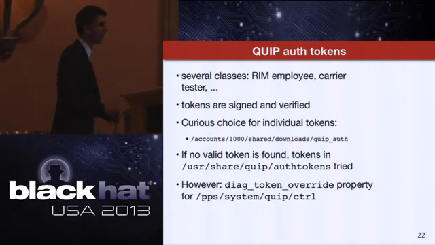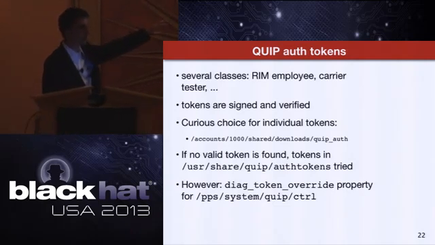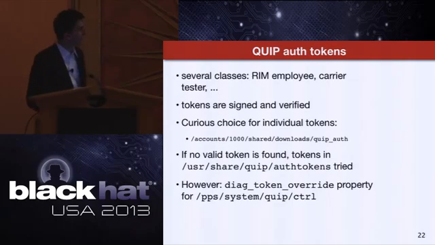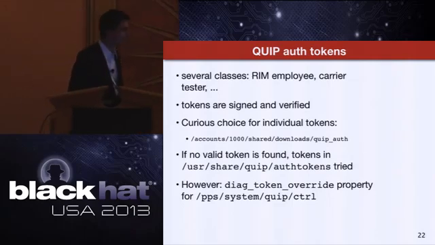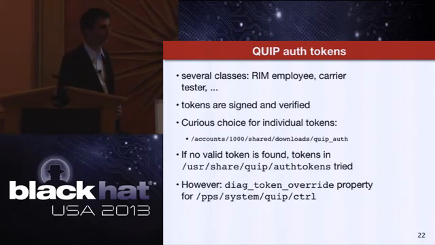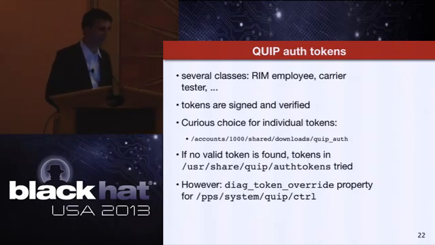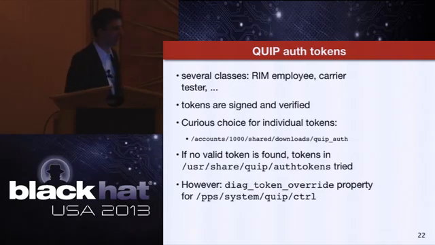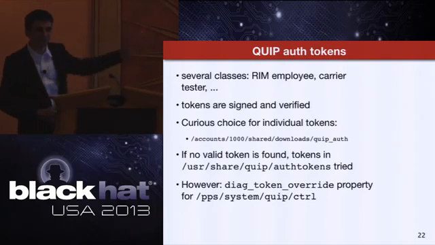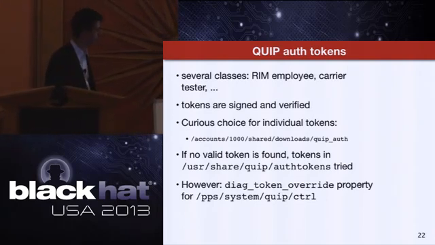The tokens that they store are a little bit obfuscated and signed. And I found it somewhat curious that the path for the individual tokens is the download directory. So if you accidentally download something as QUIP-auth, then the next time you can be introduced to this logging facility.